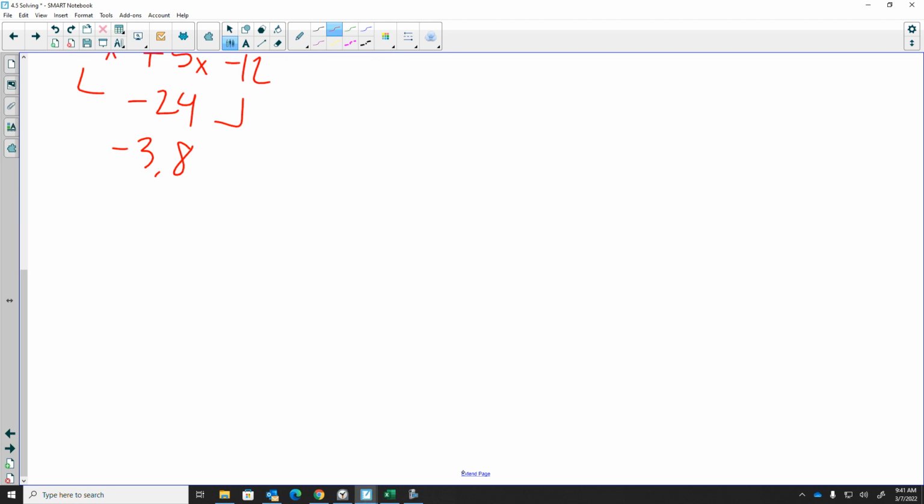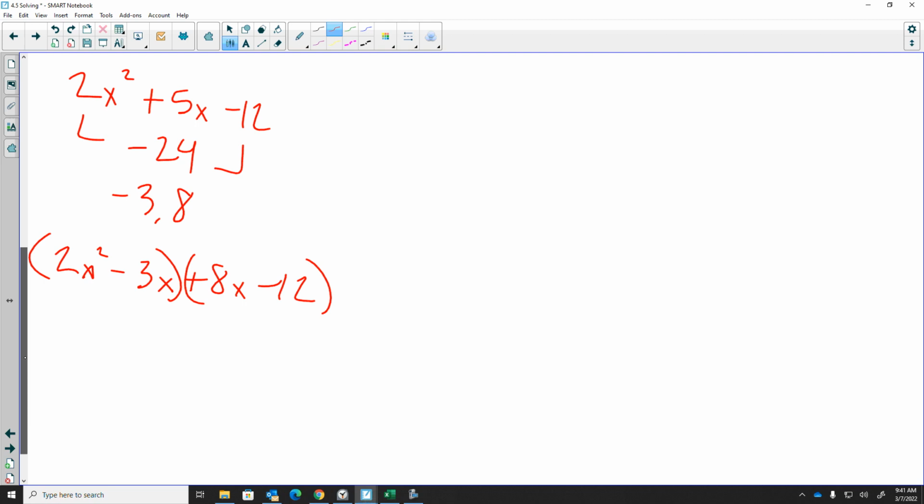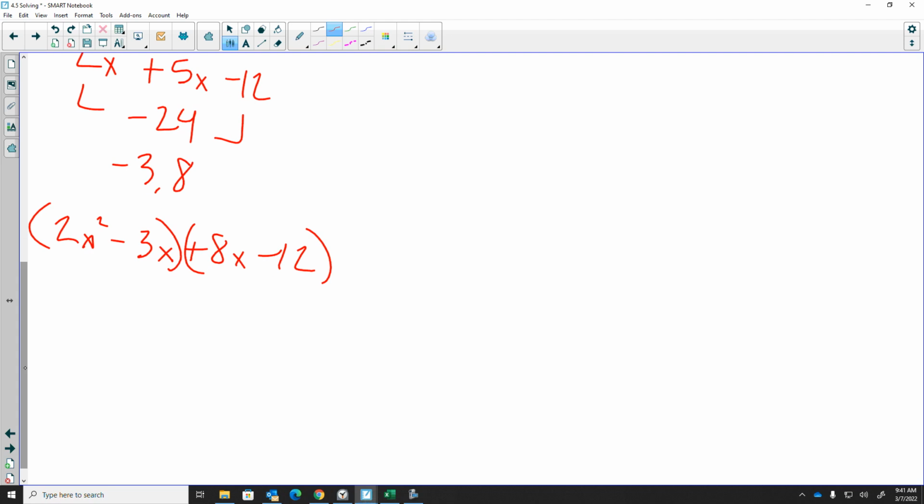Since the leading coefficient is not 1, you can't just throw them in the parentheses, right? We got to do the long way. 2x squared minus 3x plus 8x minus 12. This isn't new yet. We got to get to the part that's new. What can you take out of the first part? x, so it's 2x minus 3.